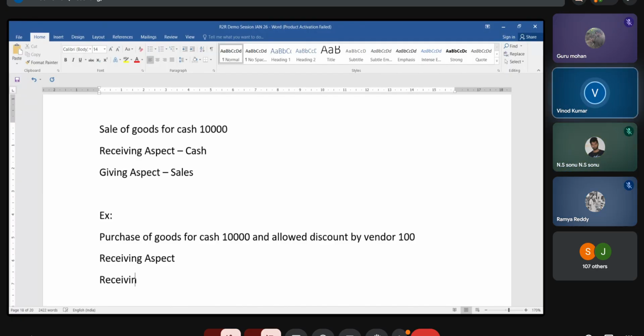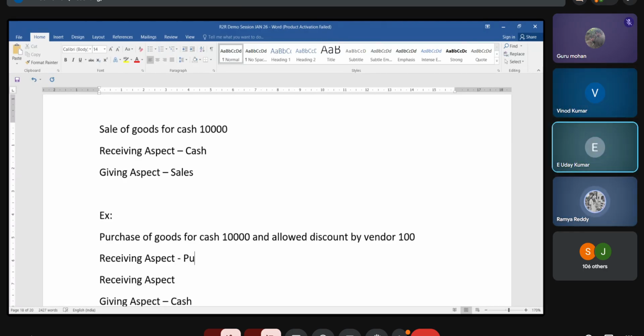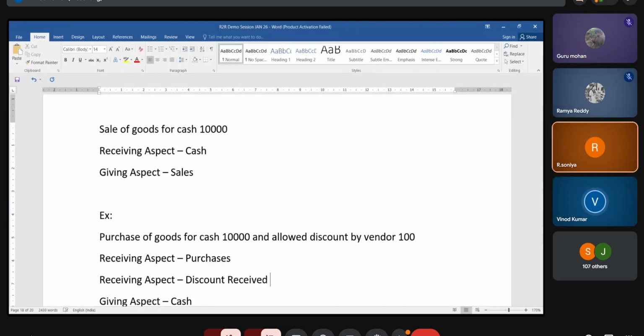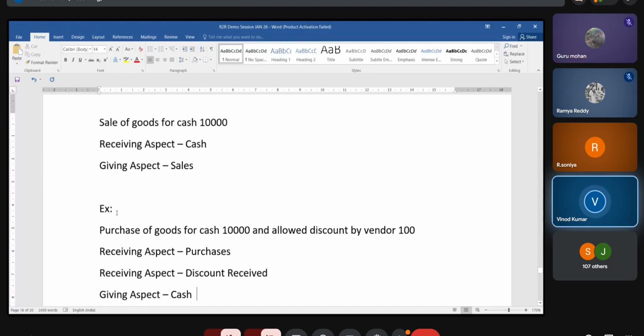Receiving aspects are two and one giving aspect. Purchase of goods, purchase account. Discount account. Cash account, sir. So purchases is receiving, and what are we receiving here? Discount.